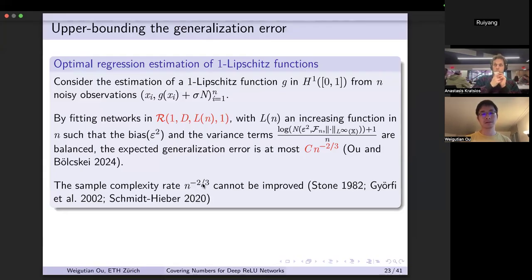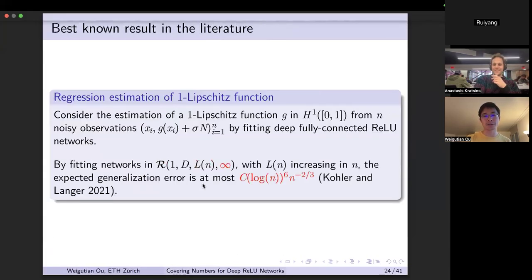So there cannot be any other factors? I mean, there can be other factors, but the additional factor cannot make the generalization error smaller, but it can make it bigger. I'll show you later in the literature. Another result shows that the generalization error is at most some log n to the power of 6 times n to the power of minus 2/3, which is weaker than the result we get.